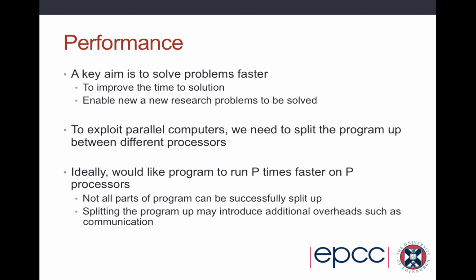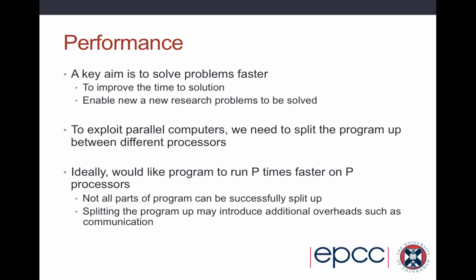The key to everything is performance in high performance computing. So what we're trying to do is solve problems faster or solve bigger problems than you could on a single machine. And to exploit parallel computers, obviously we need to be able to split the problem up, the program up, between different physical processors. So ideally, given P processors, we want to run P times faster. Okay? So we split it up perfectly, it should go faster.